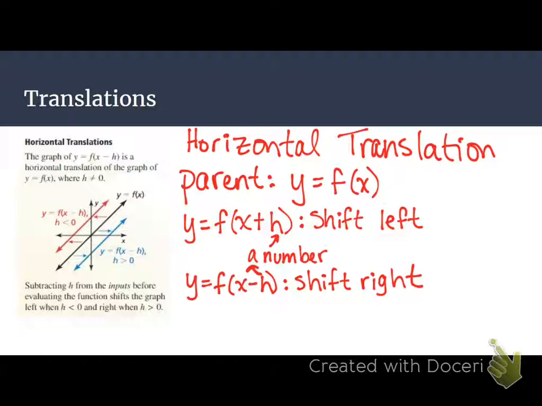And we're actually going to be shifting it h units, which means if we're adding 3, then we'd be shifting left 3 units. So if you want to add that on there, you can. Both times we would be shifting it however many units it is that we are adding or subtracting.